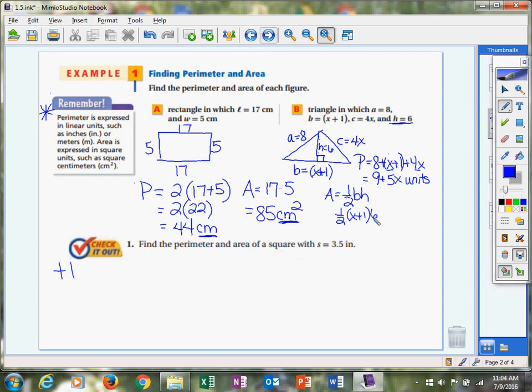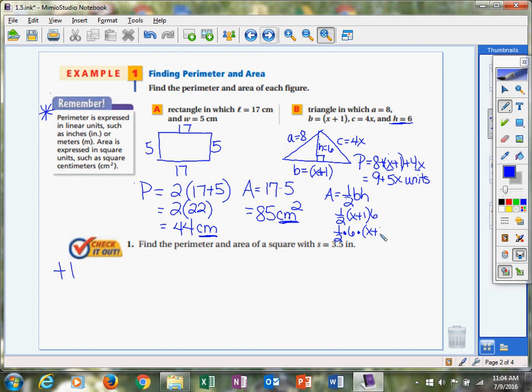So what you can do is, I wouldn't distribute the 1/2 necessarily just yet. You might want to save that for last. You can remember, anytime you're multiplying a group of numbers together, you can change the order of the numbers. That's called the commutative property of multiplication.